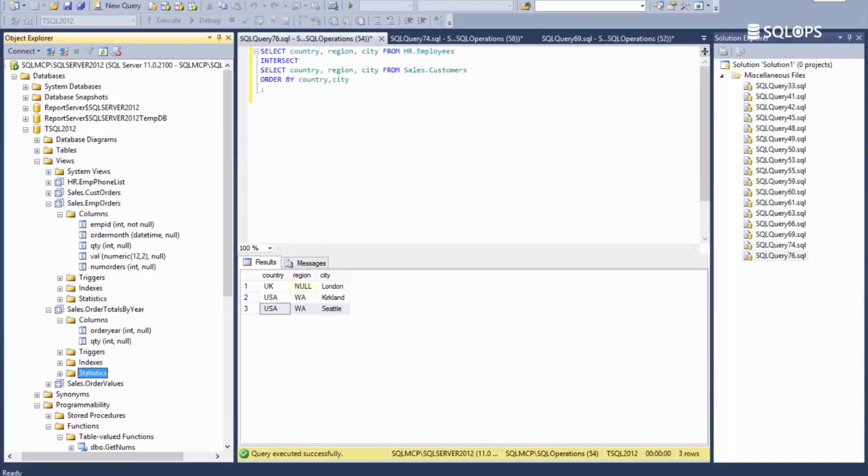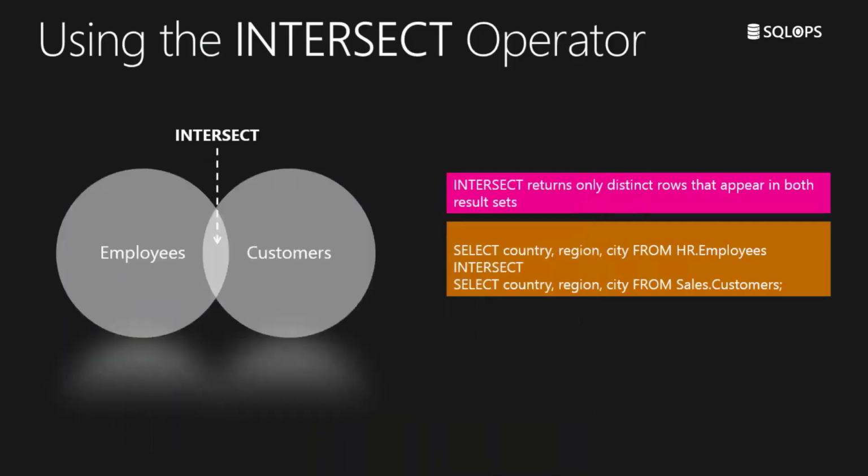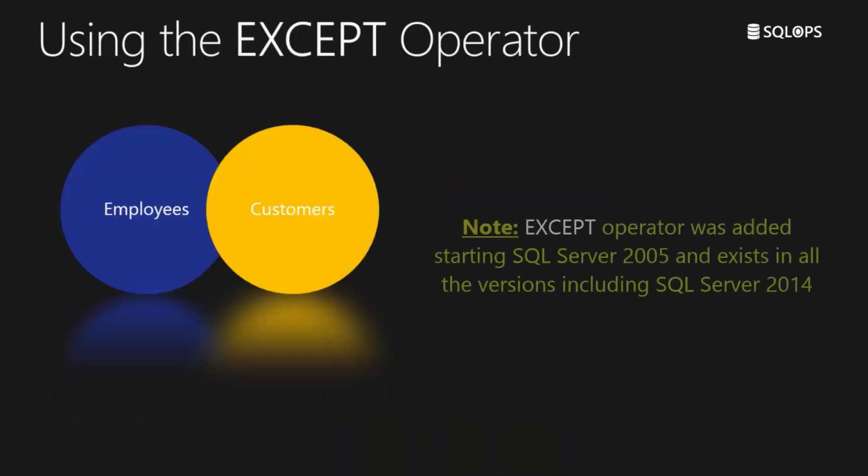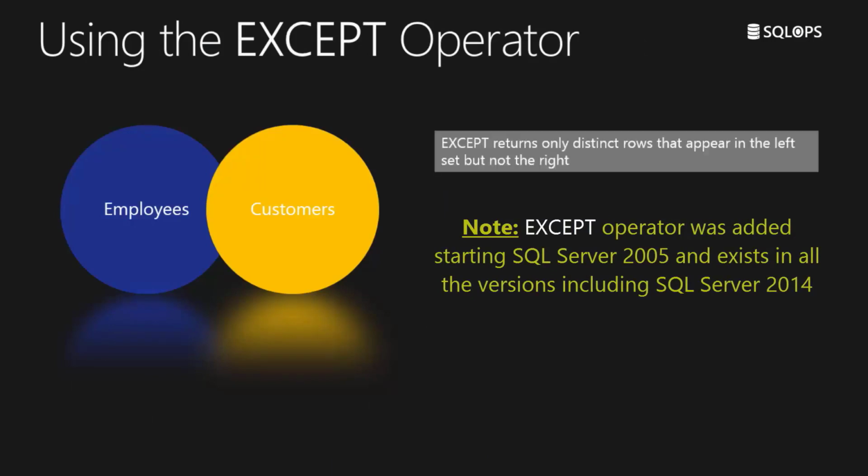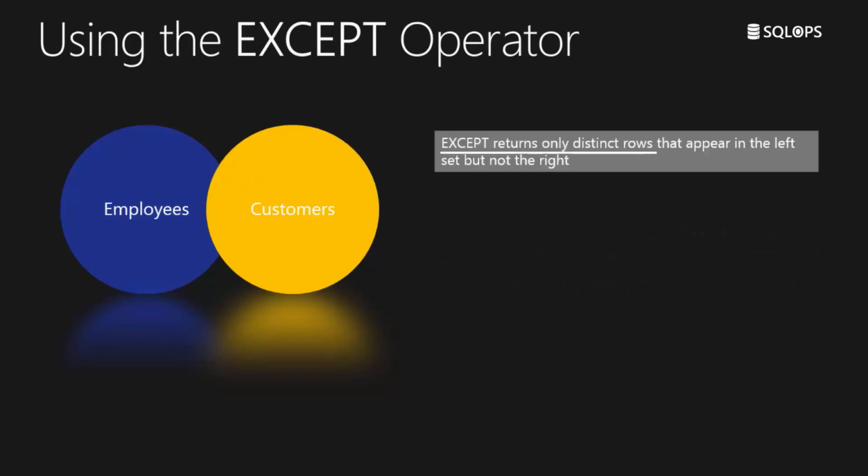Now let's see how to use the except operator. The T-SQL except operator, which is added in SQL Server 2005, returns only distinct rows that appear in one set and not the other. To be more specific, the except operator returns rows from the input set listed first in the query.